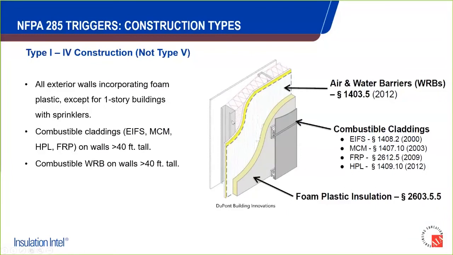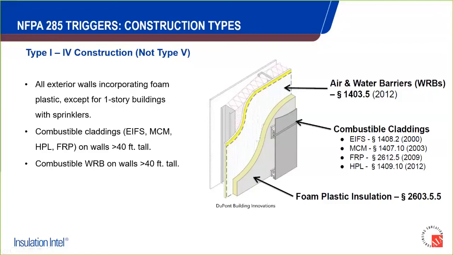Anything that's foam plastic or considered combustible, be it exterior plastic insulations, except for one-story buildings with sprinklers, of course. And then combustible claddings, including the EIFS, metal composite panels, high-performance laminate, and then FRP. So these plastic materials that are being applied to the exterior for walls that are greater than 40 feet tall.